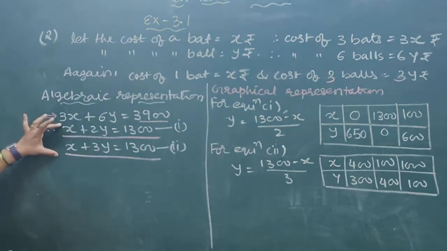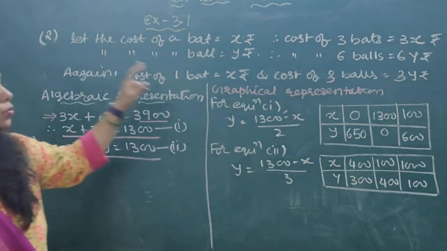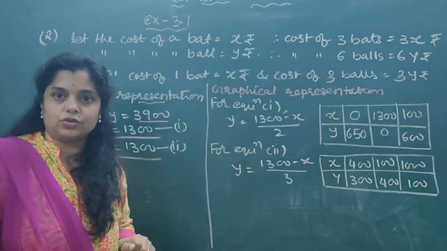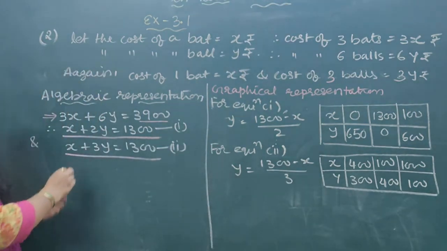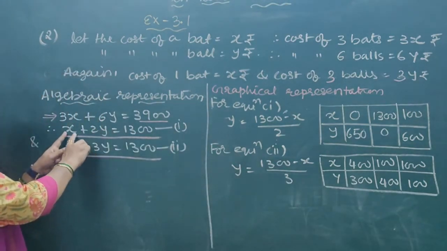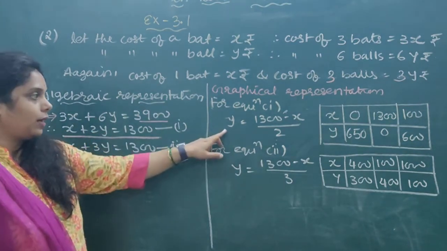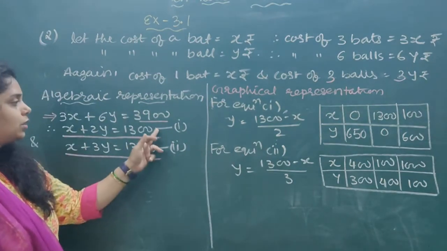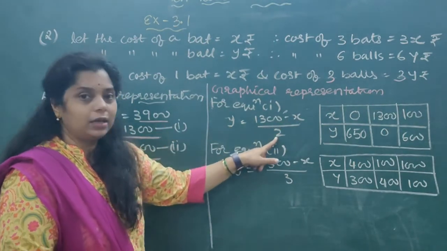Okay, after getting the algebraic representation, we have to move towards the graphical representation. So how to do a graphical representation? As usual, either the x variable or the y variable you have to select. I have selected y here. So if I take x to the other side, y is equal to (1300 minus x) by 2.